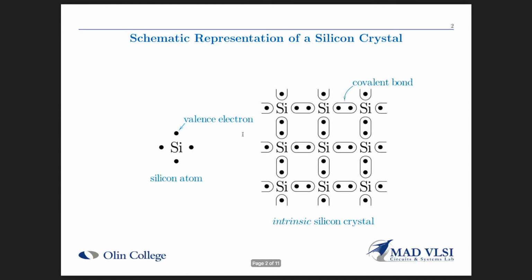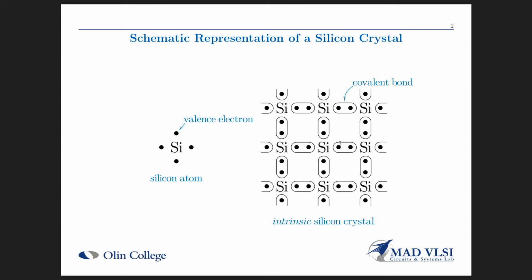And what we have here is a schematic representation of a silicon crystal. The silicon crystal has a three-dimensional crystal structure. It's actually the diamond lattice, which it shares with carbon, its next-door neighbor one row up in the periodic table in group 4.